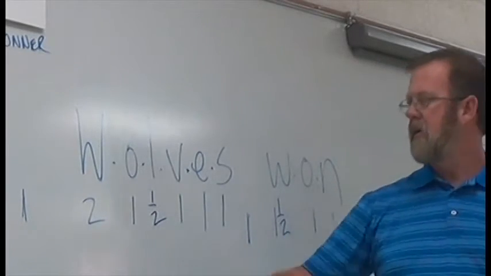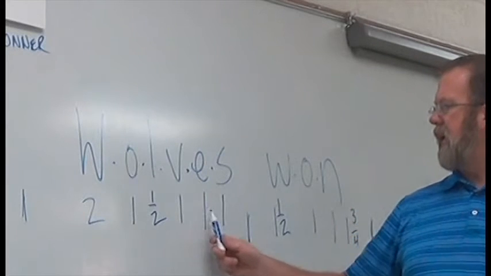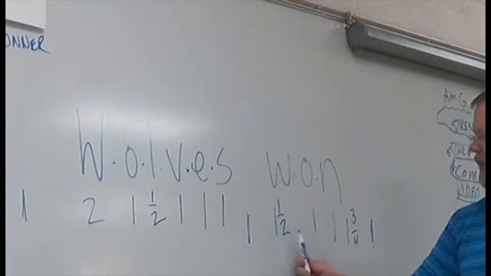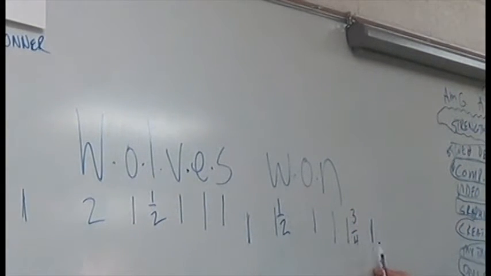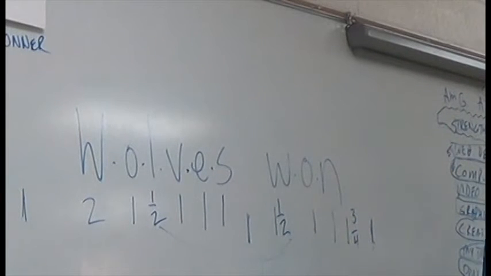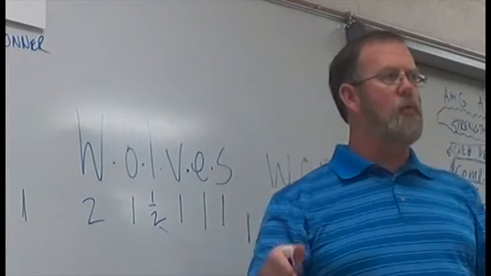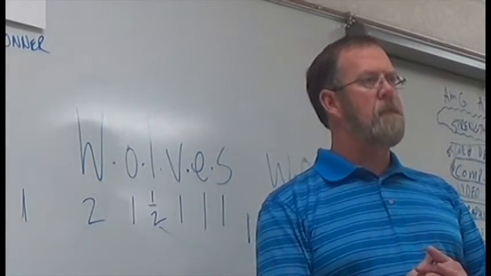So let's count it. 1, 2, 3, 4, 5, 6, 7, 8, 9, 10, 11, 12, 13, 14, and 3/4. So our total would be 14 3/4 for the width of our paper. And that's how wide we would cut our paper.